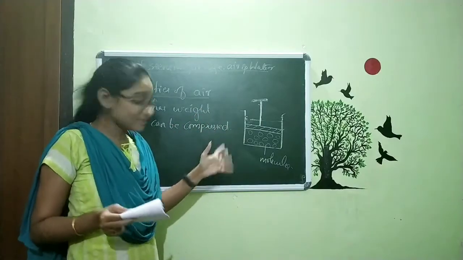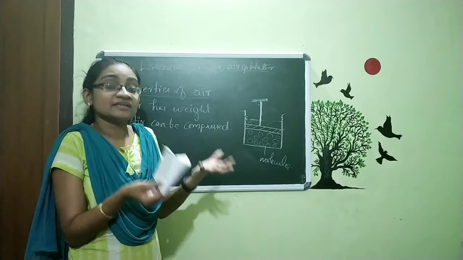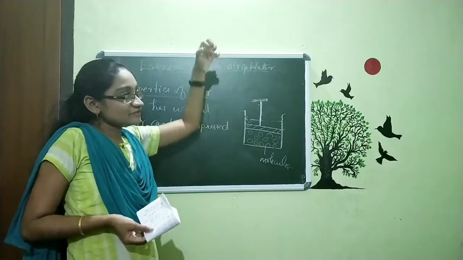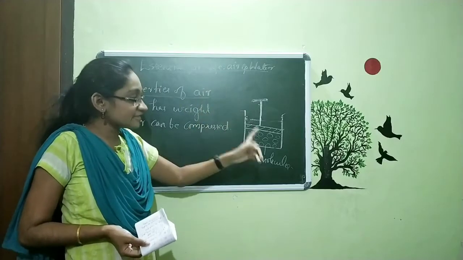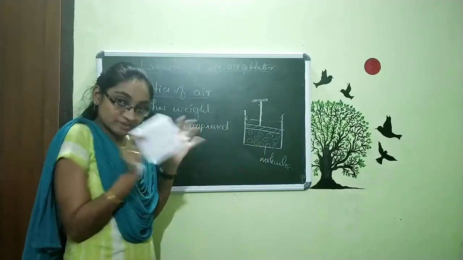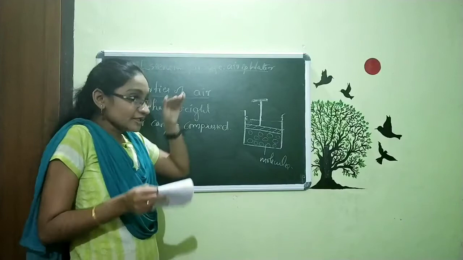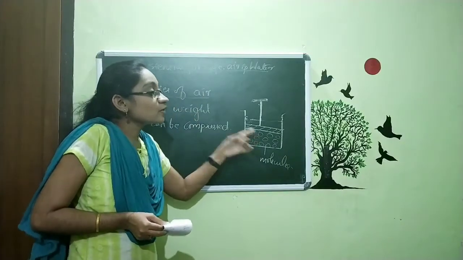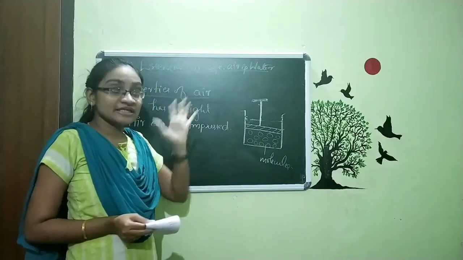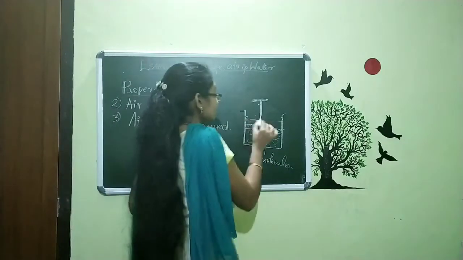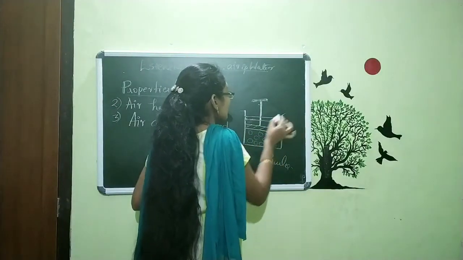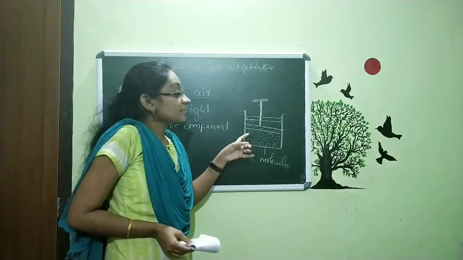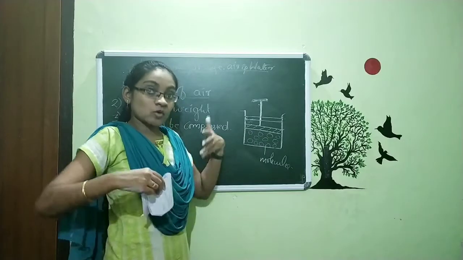For that you just remember this activity. We take the air within a beaker, take one piston and give pressure. When we give pressure, what happens? The molecules get closer. When these molecules are closer, they need less space than the initial stage. That means at first our piston was here, and at the initial stage these gas molecules need more space.